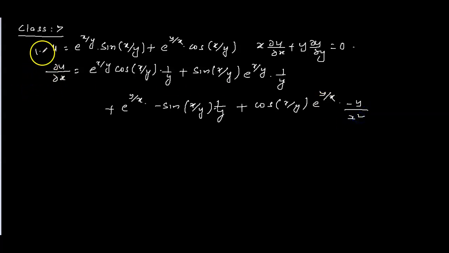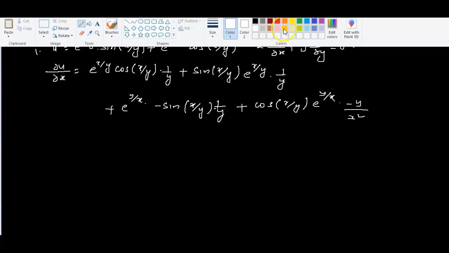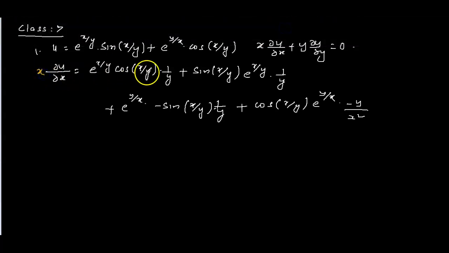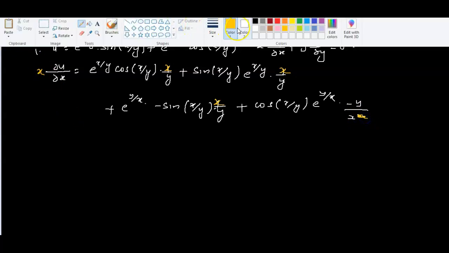If you multiply this with x, we get 1 x and here we cancel this 1 x. So this is del u by del x into x.